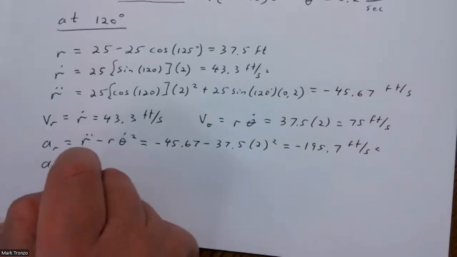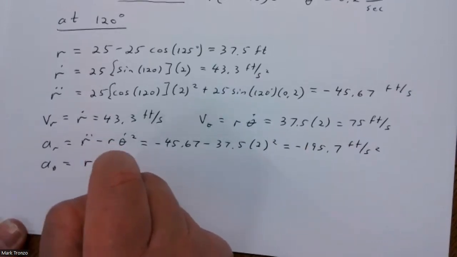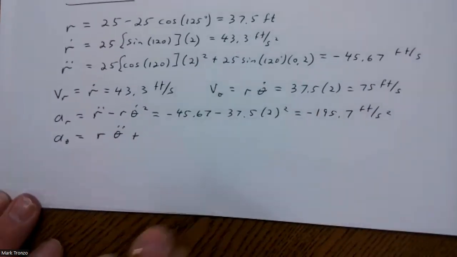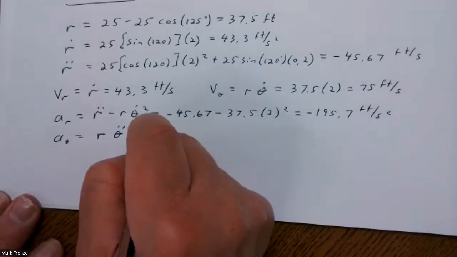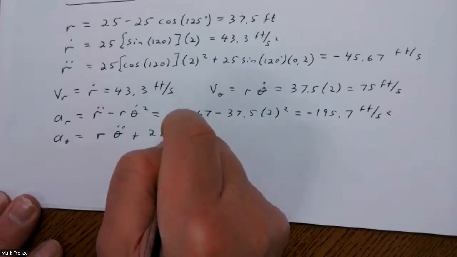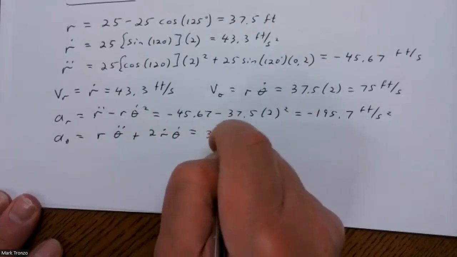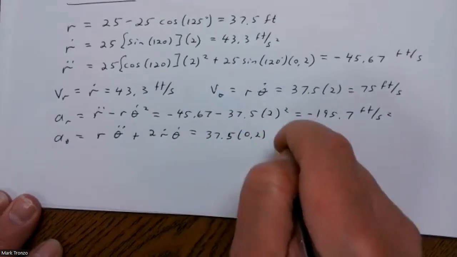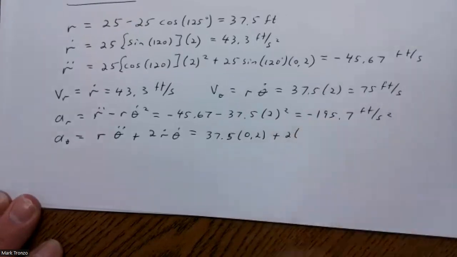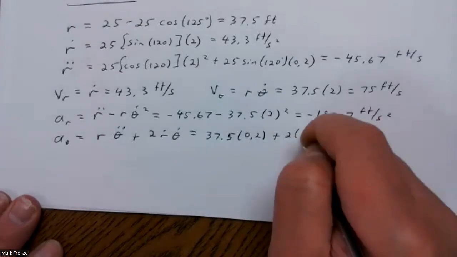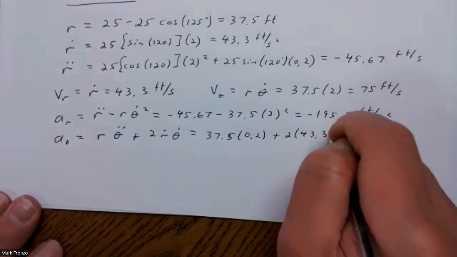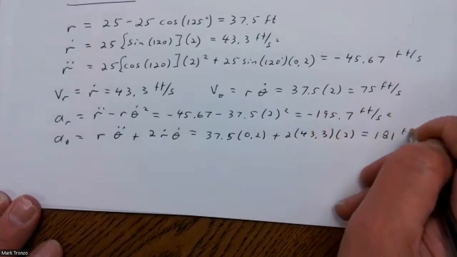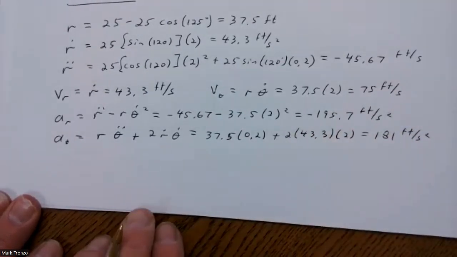A theta is R theta double dot plus 2 R dot theta dot, so 37.5 times 0.2 plus 2 times 43.3 times 2, which is around 181 feet per second squared.